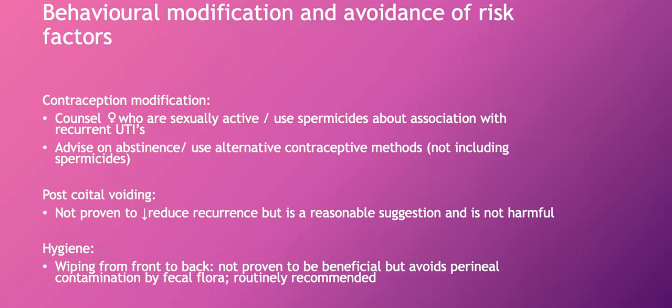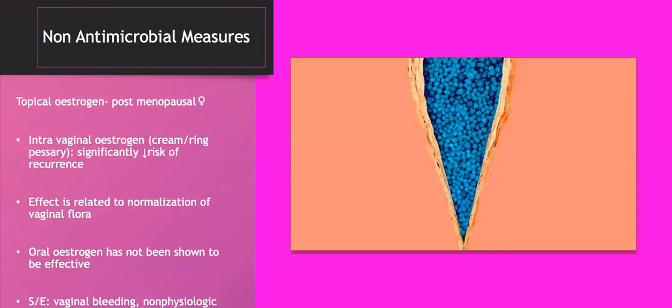In terms of post-coital voiding, it's not proven to reduce the risk of recurrence, but is considered a reasonable suggestion for patients and is not proven to be harmful. And then in terms of hygiene, wiping from front to back has also not been proven to be beneficial, but it does avoid perineal contamination by fecal flora and is routinely recommended.